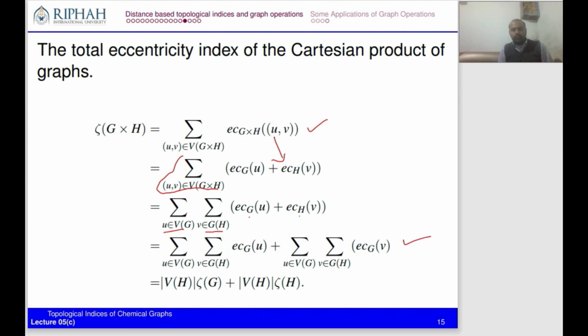You can see that here we have G and here we have G. When we apply this summation on this term, we get the total eccentricity index, which is this one, and this summation gives the size of graph H. Similarly, here I made a mistake, here it is H. When this summation is applied on this, we get the total eccentricity index, and this summation gives, here it is G. So this is a very simplified formula for the total eccentricity index of the Cartesian product.